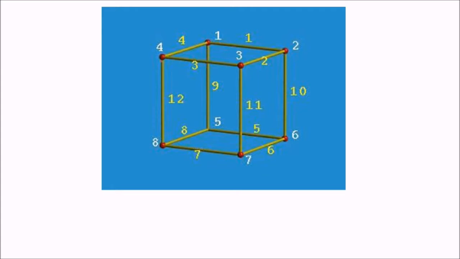These are the edges in green, and in red, you can see small spheres, and you can understand all these to be your vertices, and these are the edges. So all in all, 8 vertices and 12 edges.